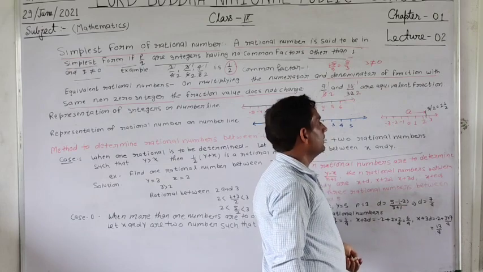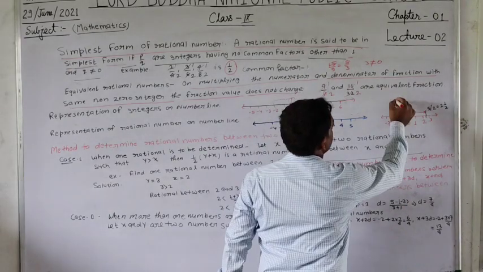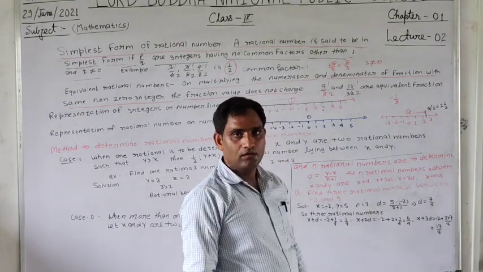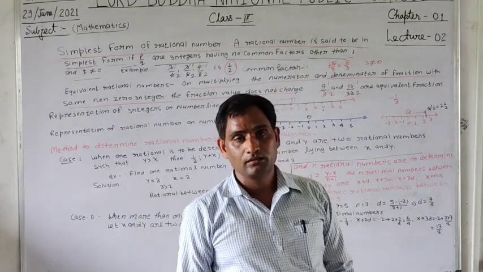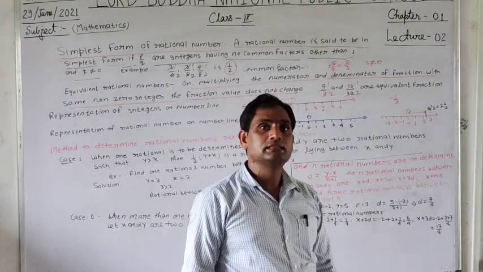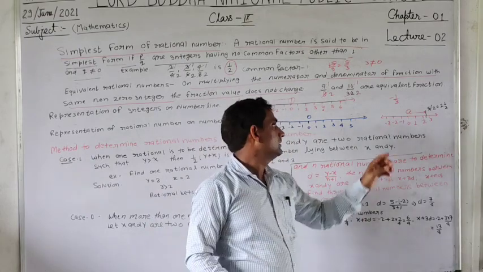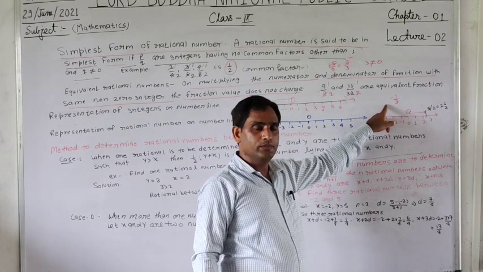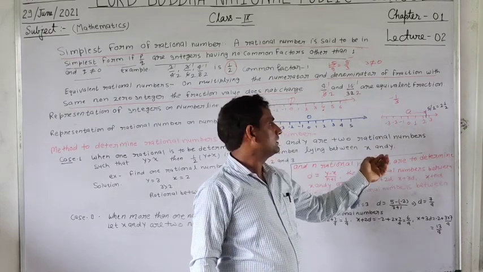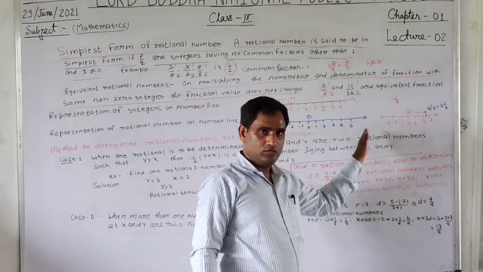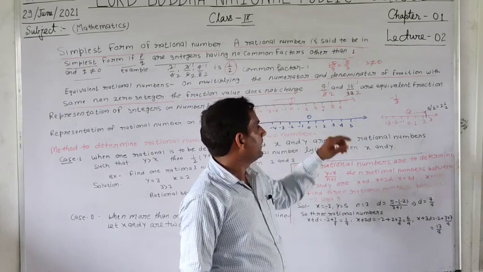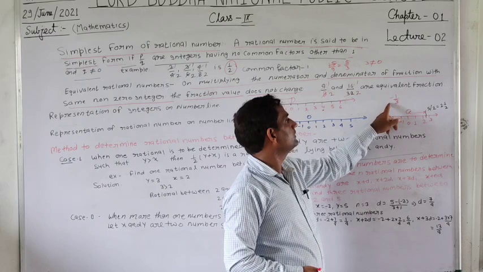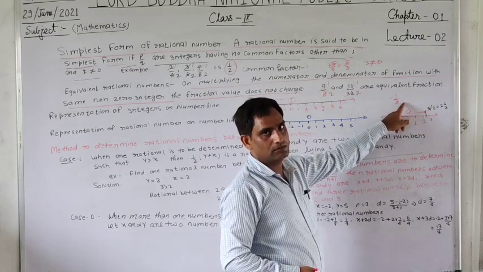If anyone says you represent minus 1/3 on the number line, then this fraction suggests that it is a negative number. It will be represented to the left of 0. Hence, by this fraction, we see that one part is divided into 3 equal parts.